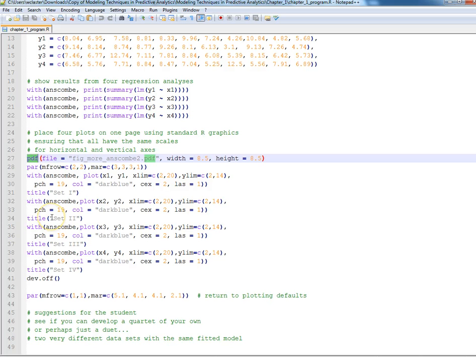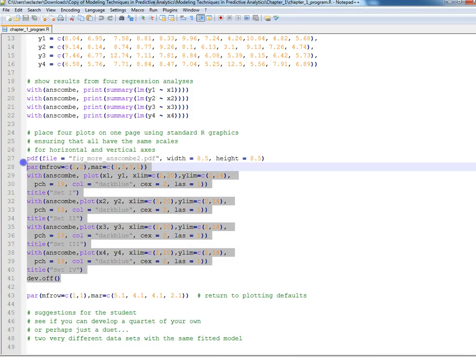He's going to do all of this, and anything else we can see here? Title, step 2. Okay, let's try and run this and see what happens when we do this. This is going to make a PDF file in your folder, right?